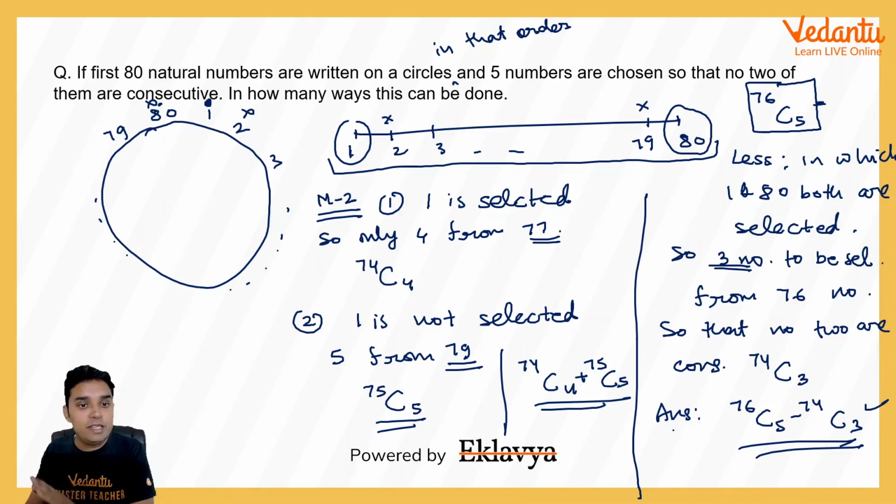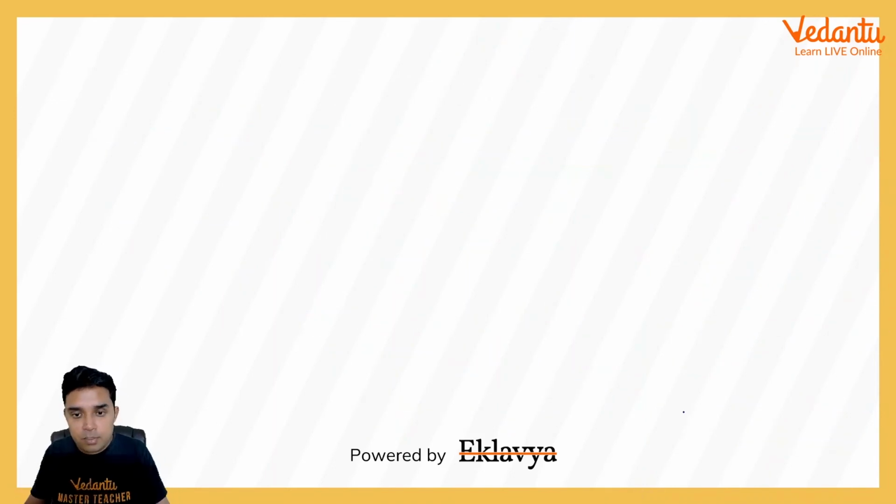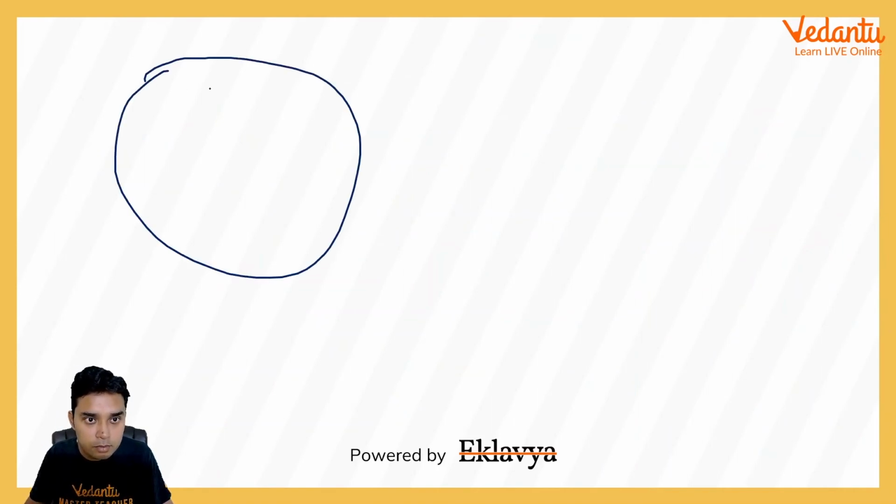There is one more method that is also a very interesting method, let me tell you. Please see. First of all, 1, 2, 3 and so on up to 80, somewhere 20 here, 30 here and so on.